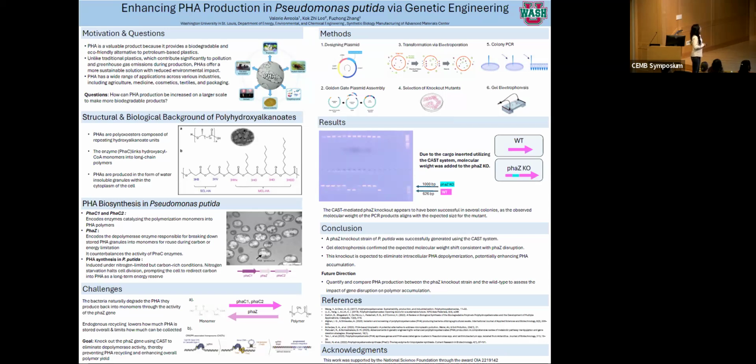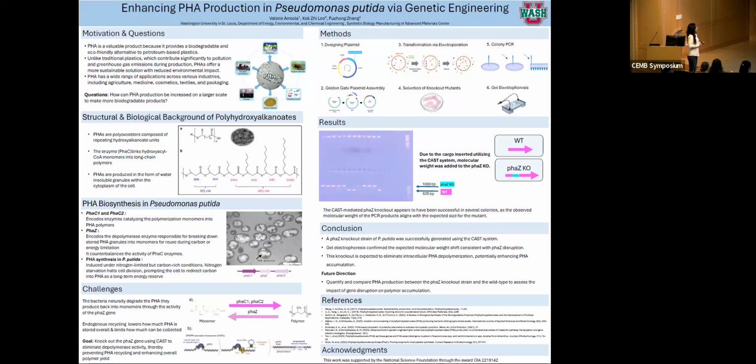After that, we used transformation, which is basically shocking the cells so your plasmid can go in, and then you recover them. Then we inoculated them and let them grow. If our colonies grow, they have our plasmid.